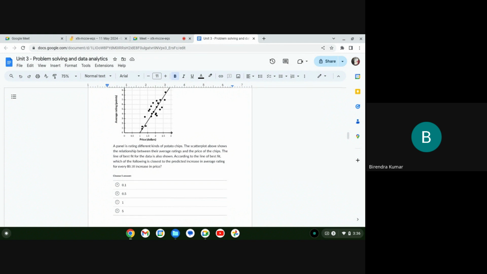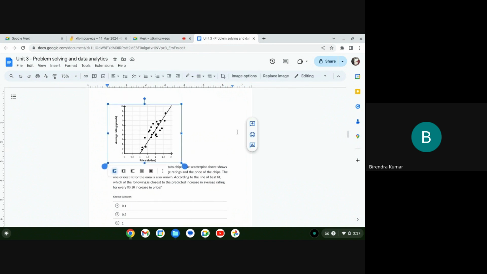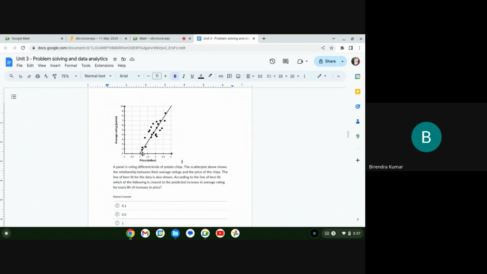See, if you look at this graph, what's happening? If you look at the lowest point, here the price is low and the rating is also low. If you pick up any next point, you see the price is increasing, rating is also increasing.